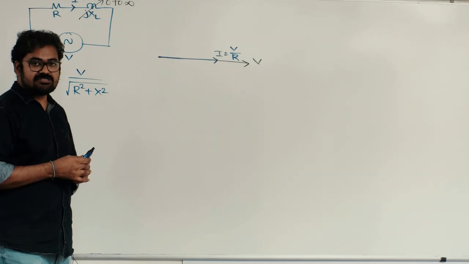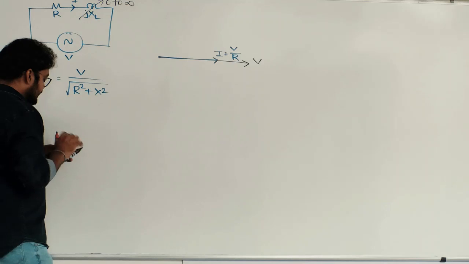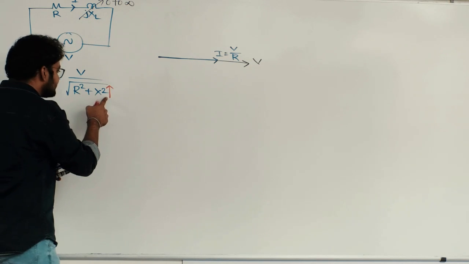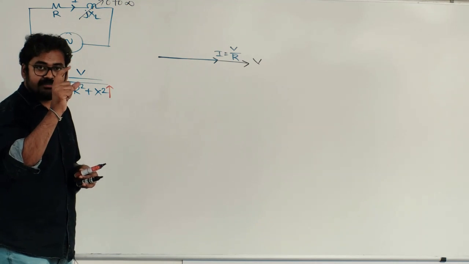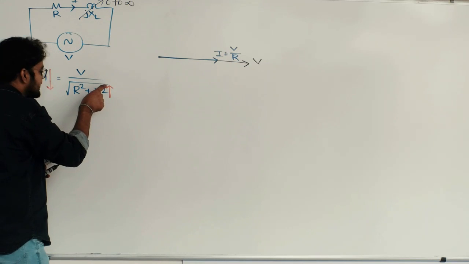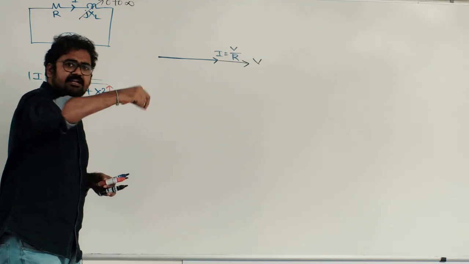Now what we will do is gradually increase this reactance value. If reactance value increases, what about magnitude of the current? Definitely current magnitude will decrease. And one more thing, if reactance is slightly increased, circuit is purely resistive or slightly inductive also?